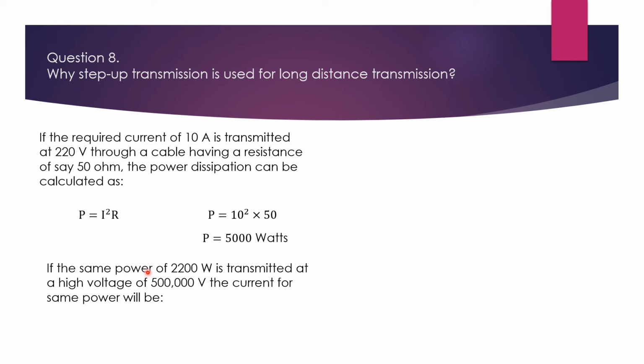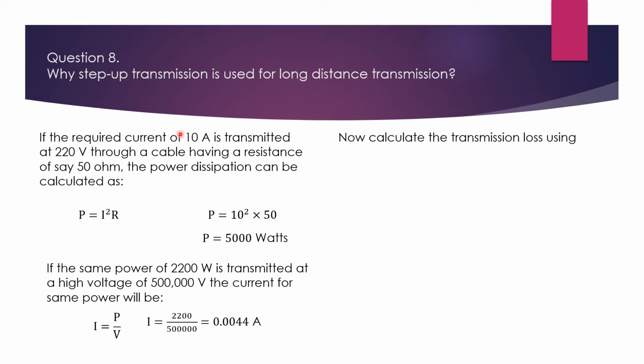Now, if the same power of 2200 watts is transmitted at a very high voltage of, let's say, 500,000 volts, the current for the same power will be I is equal to P over V, or 2200 divided by 500,000. This gives us a current of 0.0044 ampere.